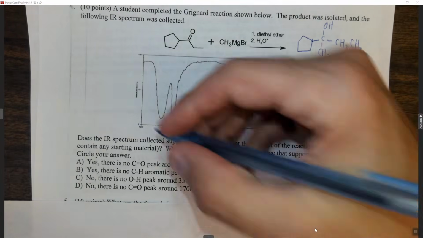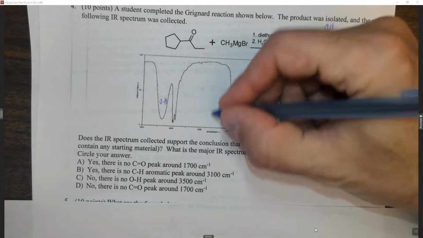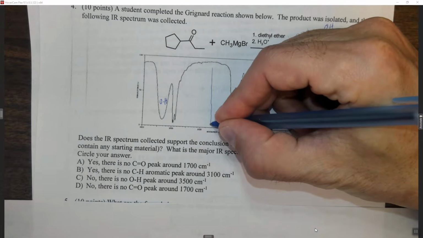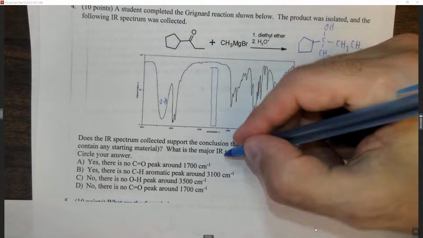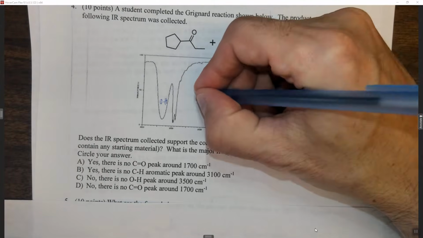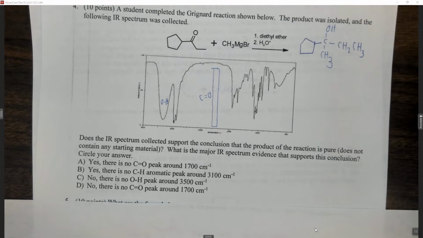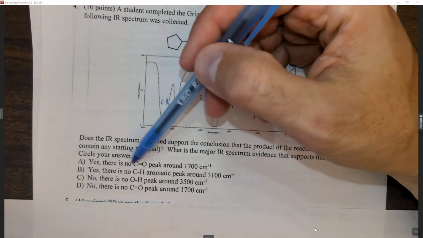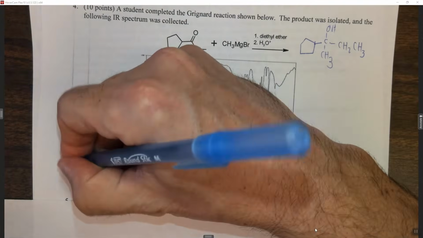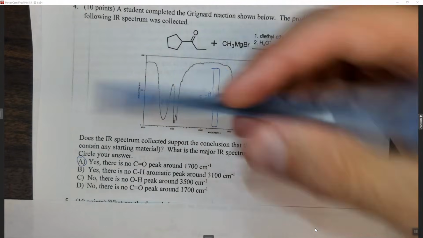So this right here is the OH, and this right here, if you will, something like that, okay, is where you would see a C double bond O, but there isn't one. So now we just need to see which one is the better answer. Is it the lack of the OH or is it the C double bond O? And it says, yes, there is no C double bond O peak around 1700. That's true. All right, we've gotten rid of the starting material because we don't have a C double bond O.